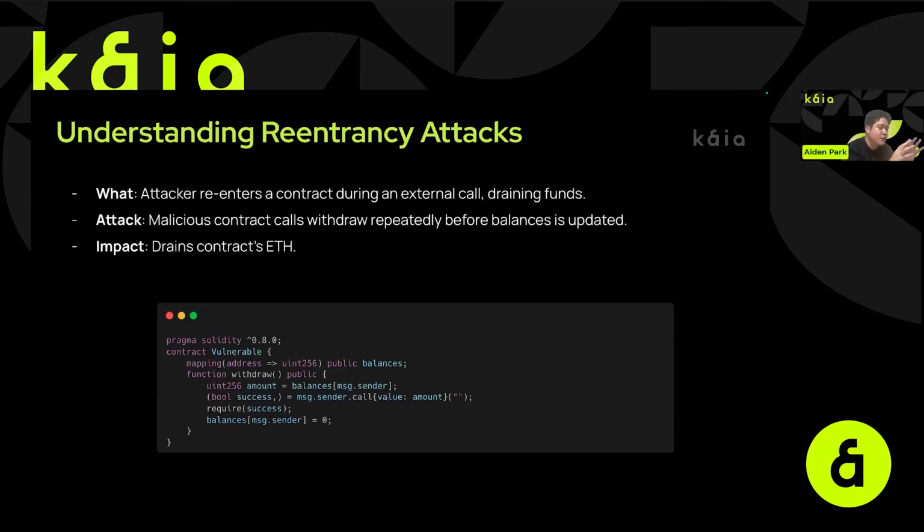Those who agreed with this hard fork became the current Ethereum ecosystem, but the people who were against this hard fork became the Ethereum Classic ecosystem. Yeah, that was the story about this reentrancy attack.